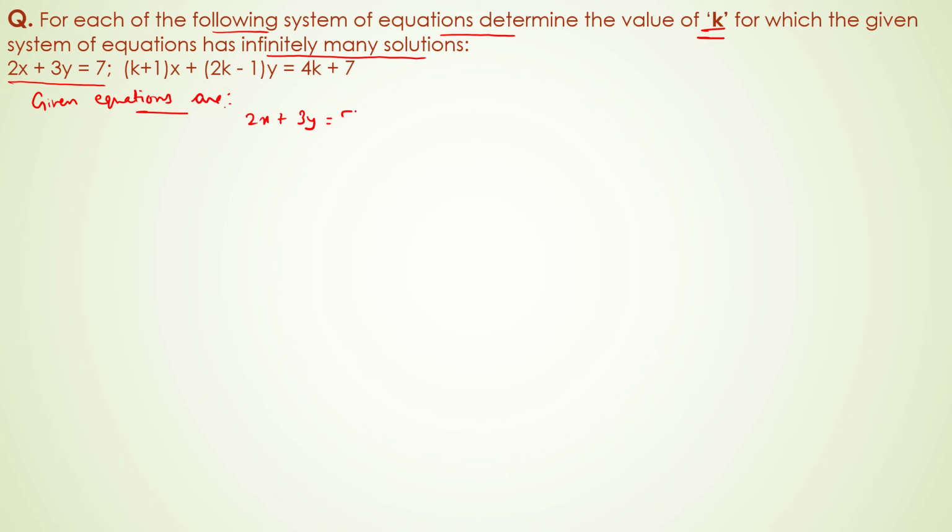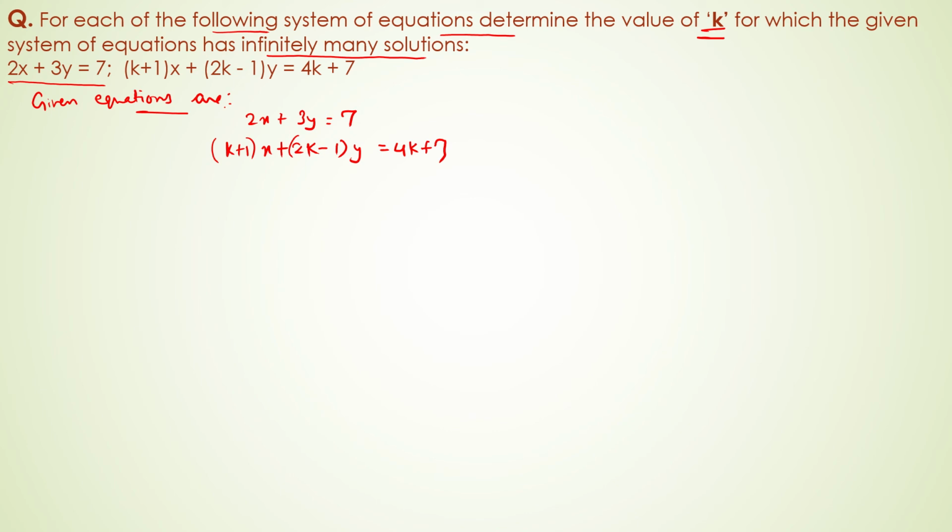2x plus 3y equals 7, (k plus 1)x plus (2k minus 1)y equals 4k plus 3.